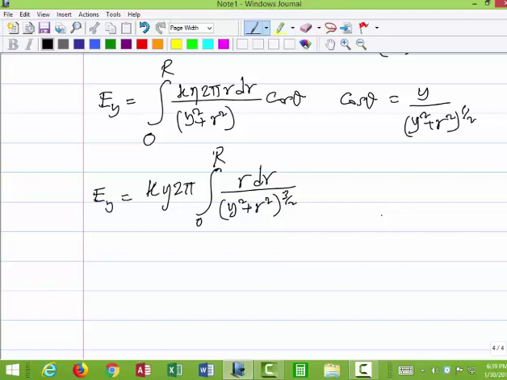So again, for this situation, there's an integral table in the back of the book, so we just use the integral table.